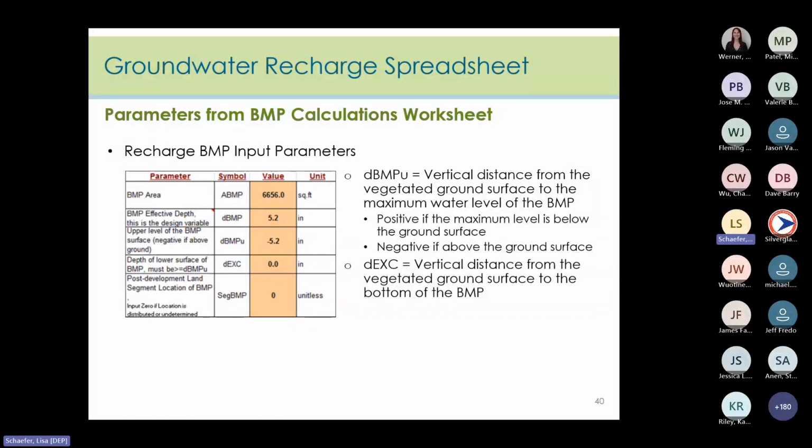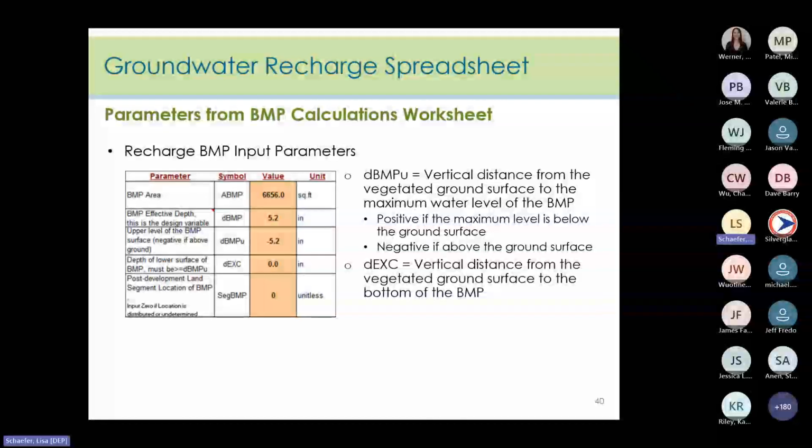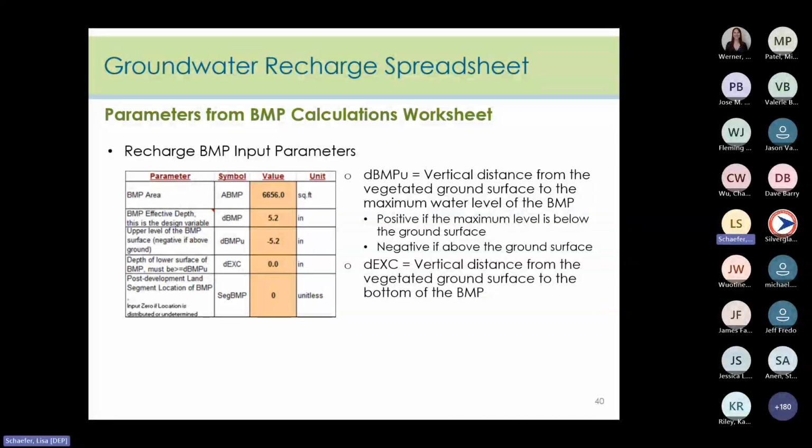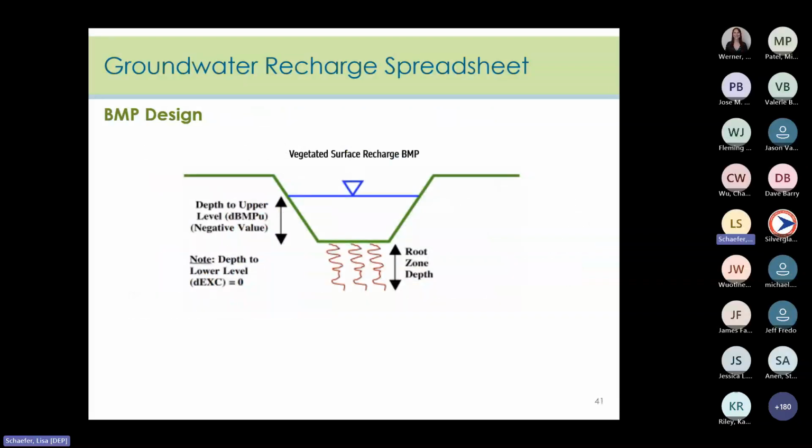Also we have DEXC, the vertical distance from the vegetated ground surface to the bottom of the BMP. That's confusing, so we're going to look at some different design scenarios to clarify the values that we use for these variables.